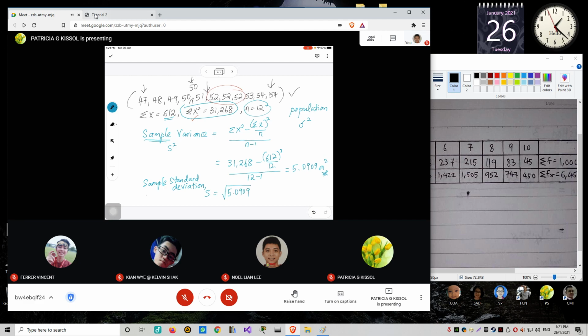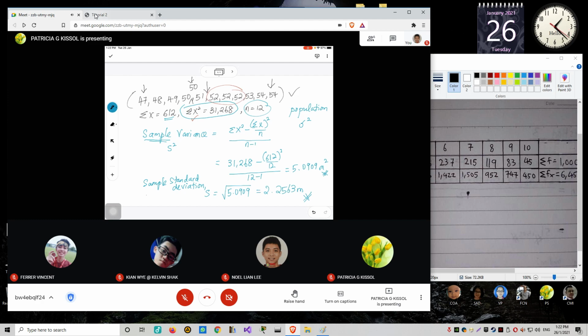That means if you have already obtained the variance, you can easily get the standard deviation by just square rooting the value. So square root of 5.0909 would be 2.2563 meter.